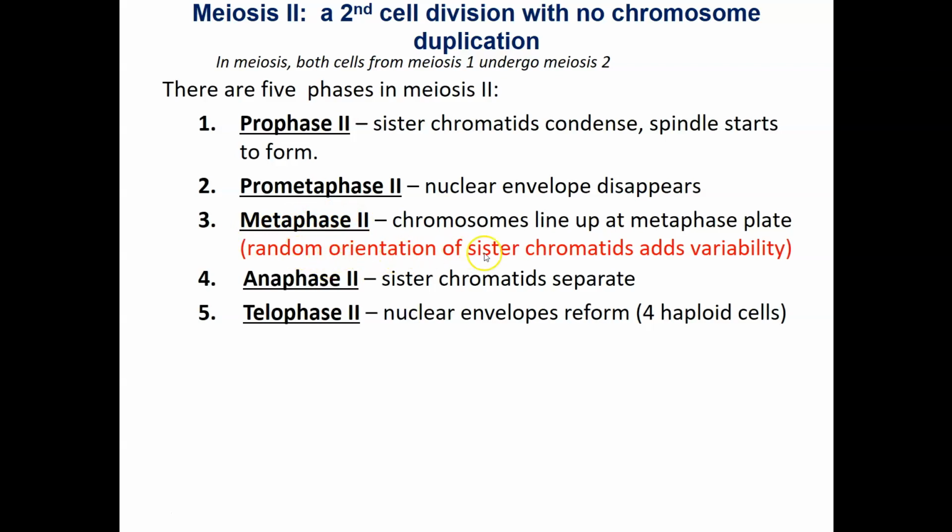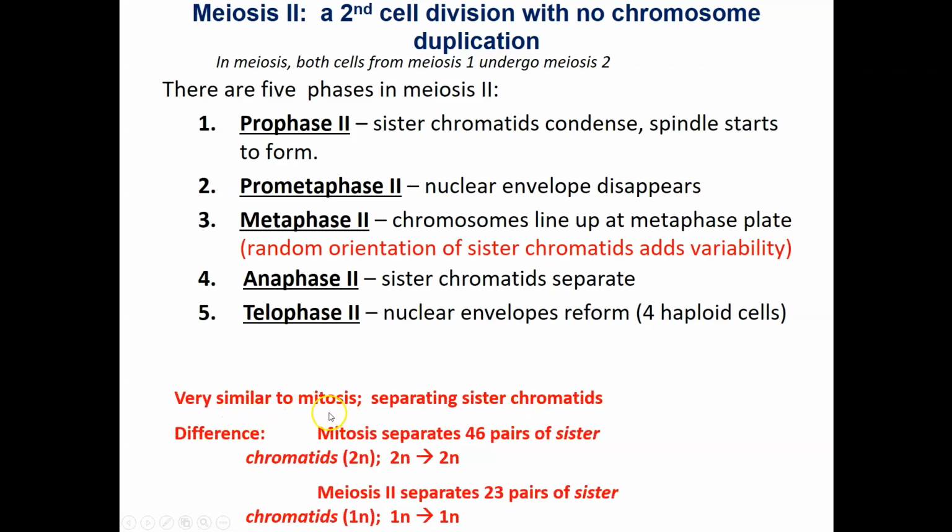And again, we're going to have random orientation of the sister chromatids, which is another way that we increase our genetic variability. In anaphase, sister chromatids are going to get pulled apart, and then in telophase cytokinesis, again, nuclear envelope will reform, and then we will form the cleavage furrow again and generate 4 haploid cells.